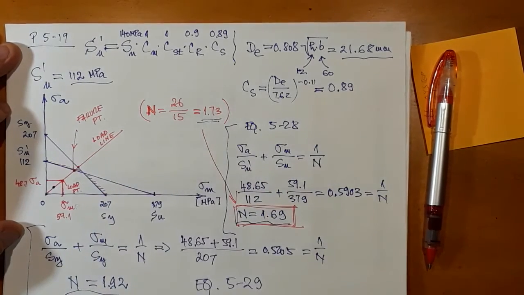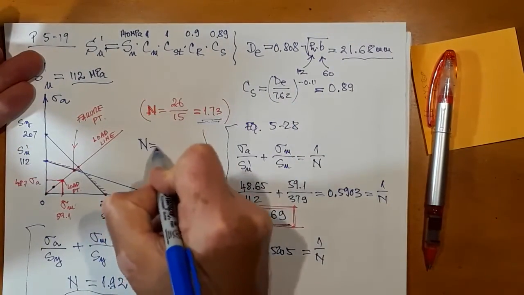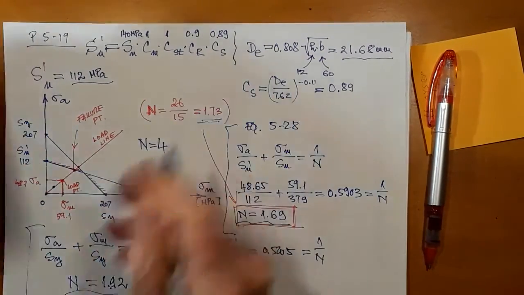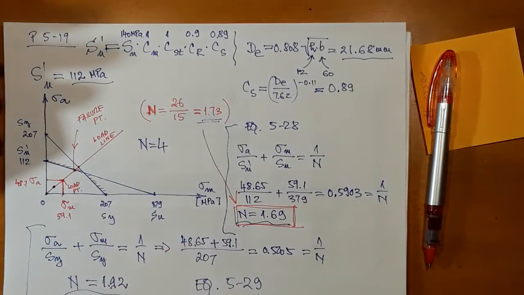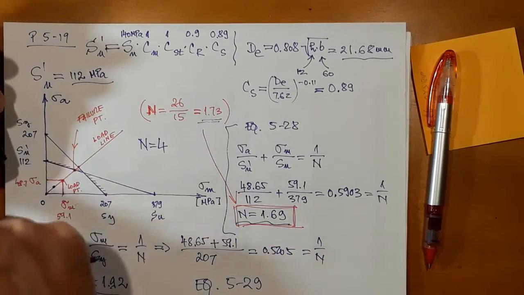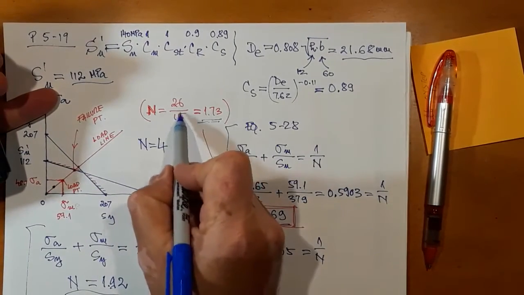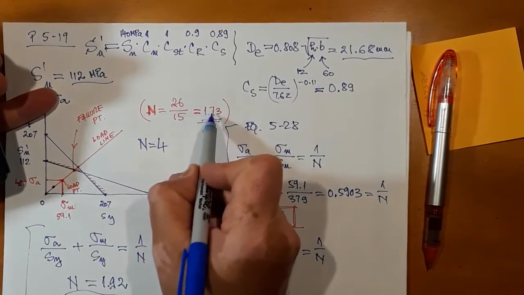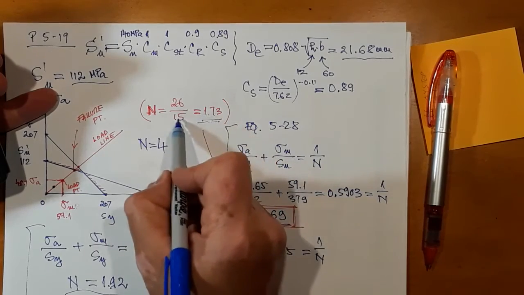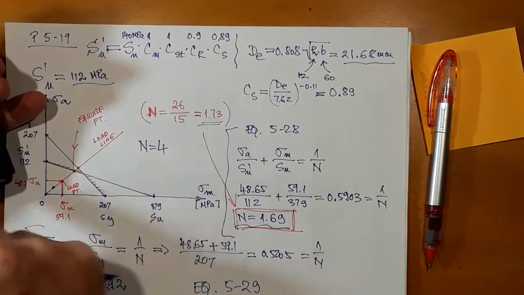So you measure what would be, if I want n to be 4, then the load point has to be at 26/4.